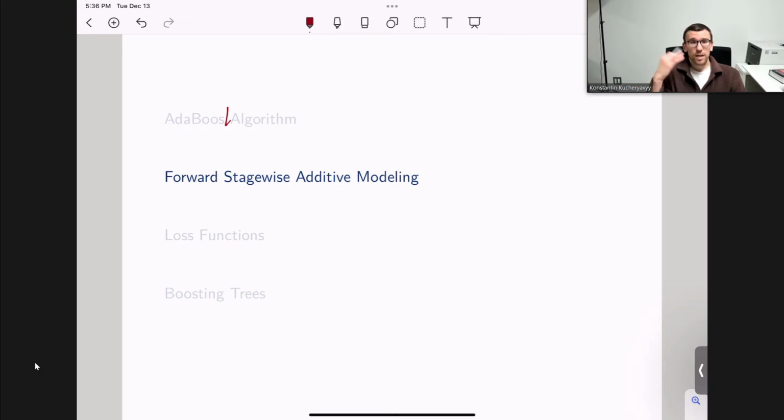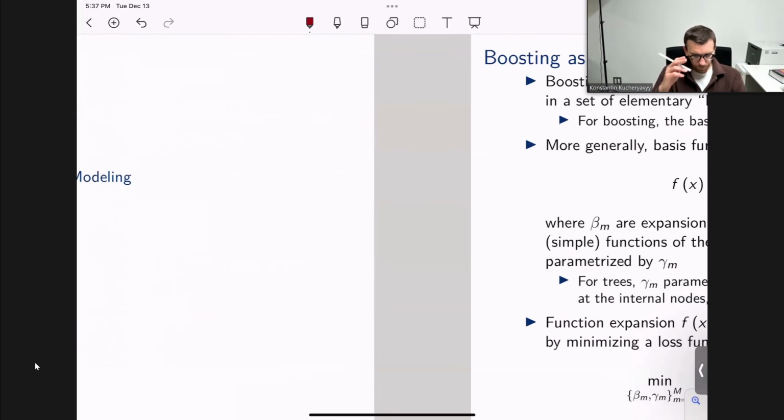Now we are going to take a step back and talk about a more general approach, which is called forward stagewise additive modeling. And we will see that we can view AdaBoost as a particular case of forward stagewise additive modeling.